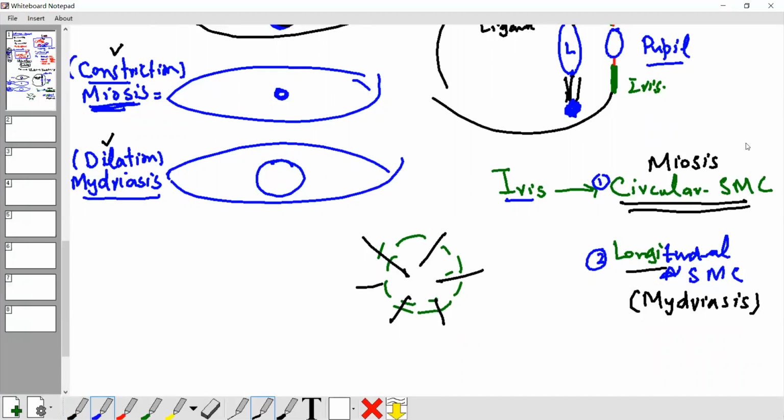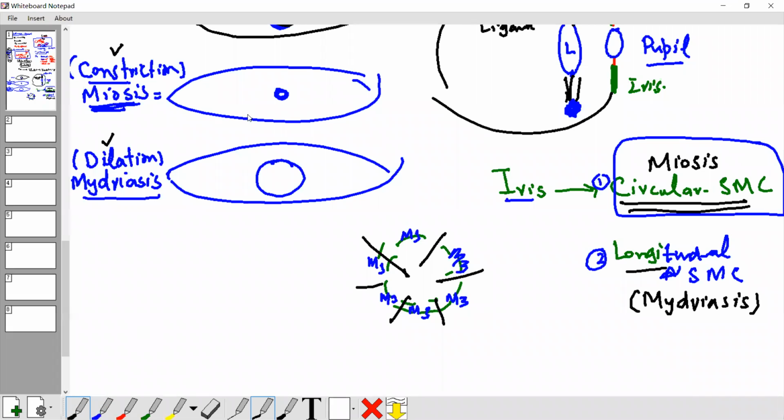For parasympathetic system, which receptor causes muscle contraction? M3. Circular smooth muscle has M3. Understand? So the M3 receptor is present on circular smooth muscle.